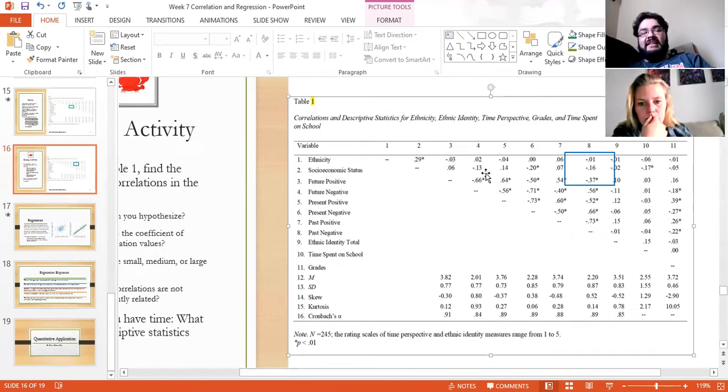Once it goes less than 0.01, it's trying to say that it wasn't due to chance, that these two things have a significant effect on each other. But the relationship is not that strong, 0.29 is bigger than 0.01.